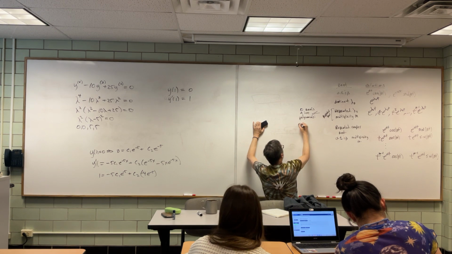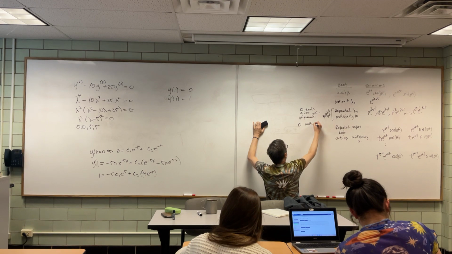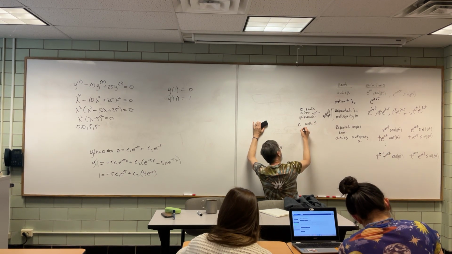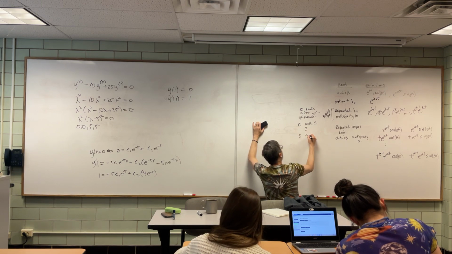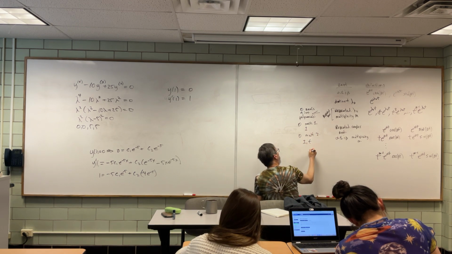So if I just have 0 multiplicity 1, that's just a constant, 1. And I would tack a C1 times that. If I have 0 multiplicity 2, I've got 1 and t.